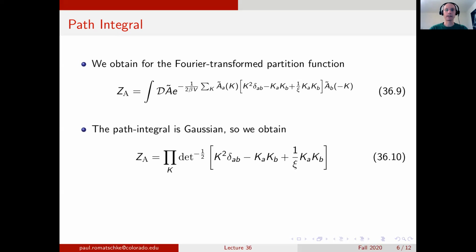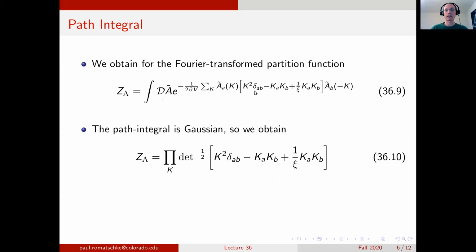Because it's quadratic in the action, this path integral is Gaussian, so we can perform the path integral explicitly. It will give us a product over all k's. So the sum in the exponential becomes a product of exponentials, and each will just give us the determinant to the power of minus 1/2 of the matrix that's in the exponent.